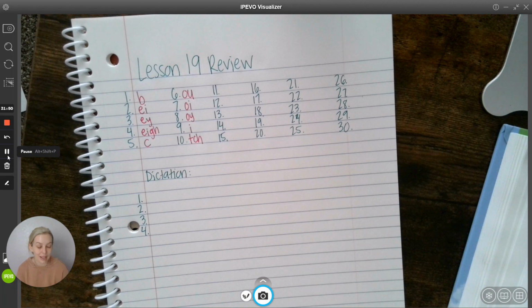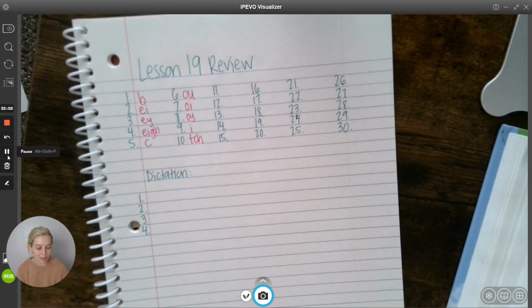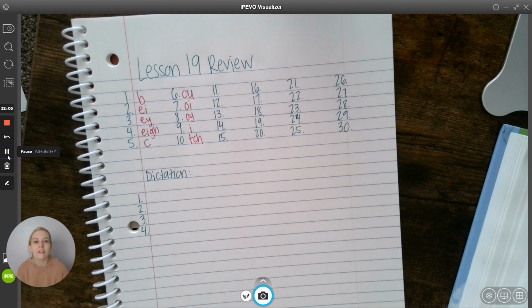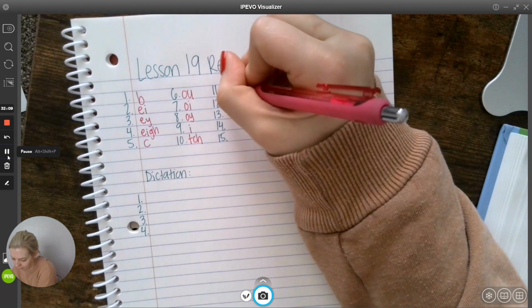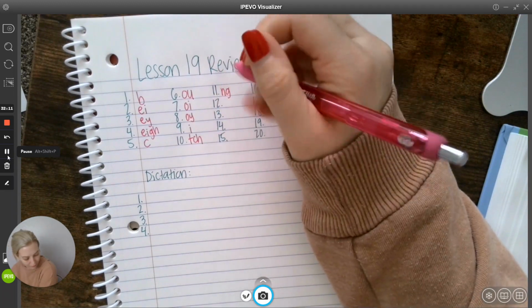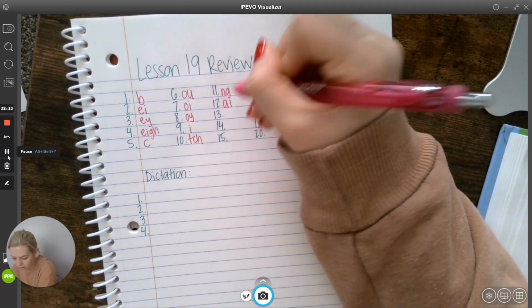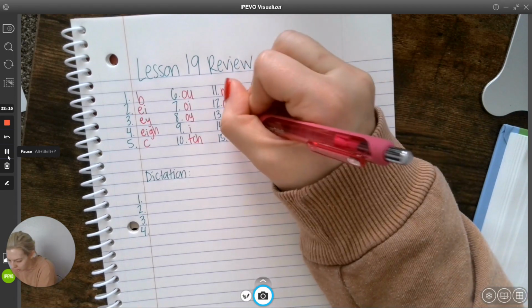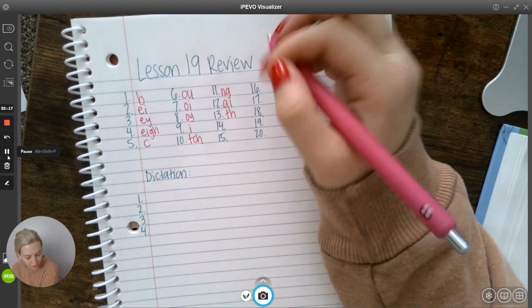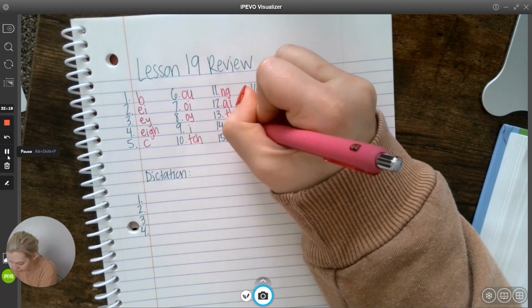Number 14, a, 2-letter a, that may be used at the end of English words. Number 15, 2-letter. All right. Make sure you check your work. Mark the ones you got wrong so you know to study them.